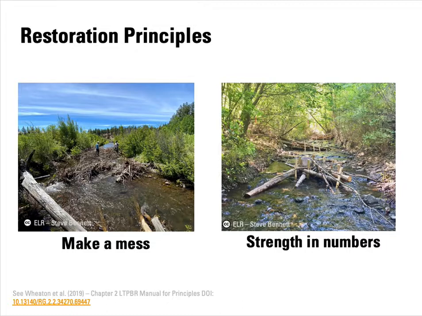Don't try to over design things. And the strength in numbers principle, meaning that you should be building many of these structures rather than focusing on a few highly engineered ones. The take-home message is, if you mimic messy natural structures and you build lots of them, good things will happen.